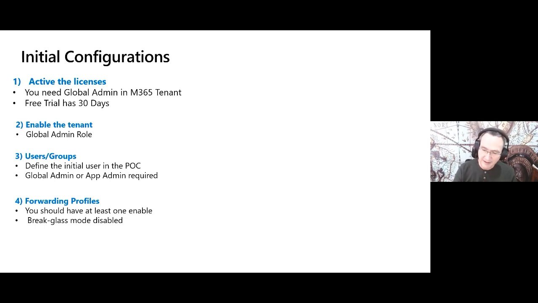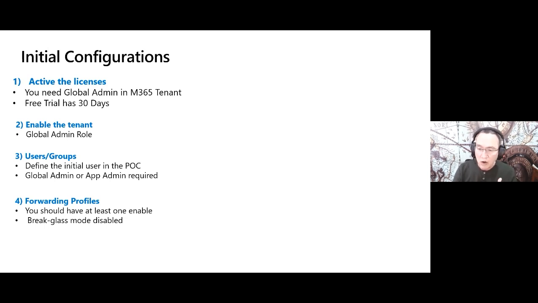So to avoid this initial frustration in the beginning of our POC, we should enable at least one of the profiles. My suggestion: enable the Microsoft profile, because the only thing you're going to see is the traffic from Teams, SharePoint, OneDrive, and that's good.